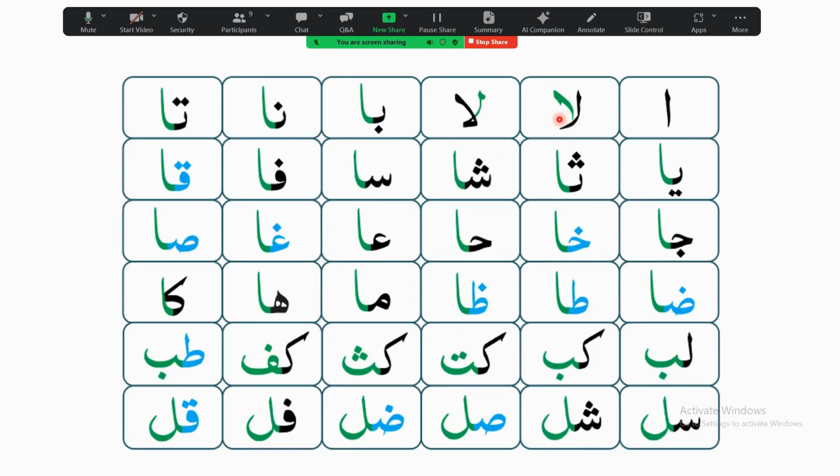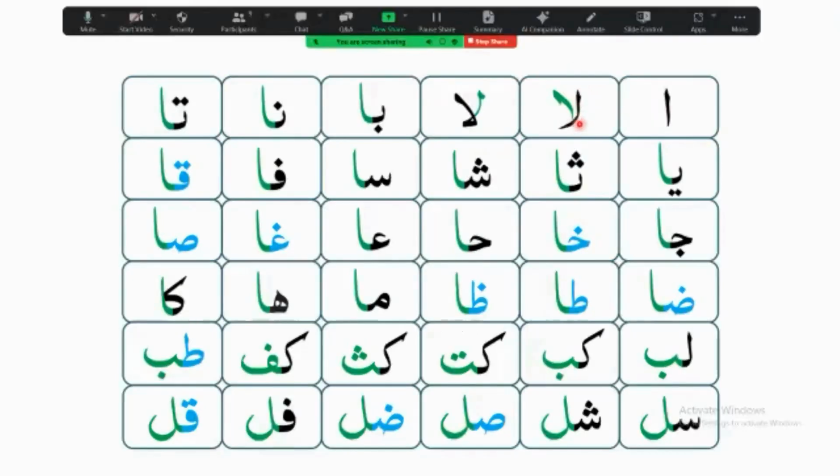So this is Lam and Alif, which makes La. This is a compound of letters, Lam, Alif, La. We just have this half portion of Lam written here, not the full Lam, and Alif is in a slanting position here.